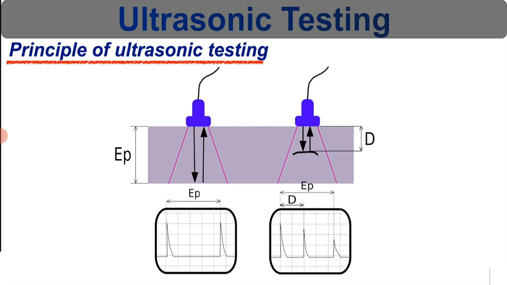It produces multiple reflections at the boundaries of the different material phases within the concrete. The first reflected waves received by the transducer are longitudinal waves, and these waves are converted into an electrical signal by a second transducer.